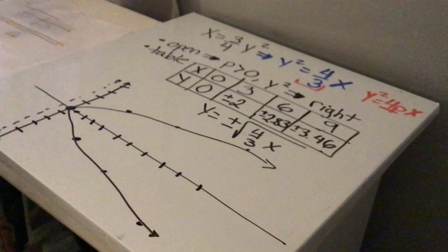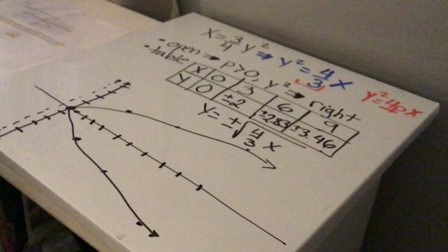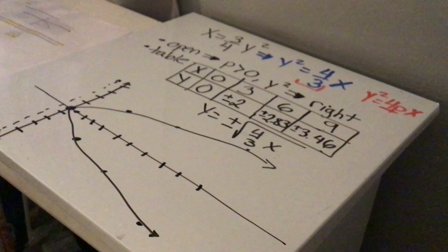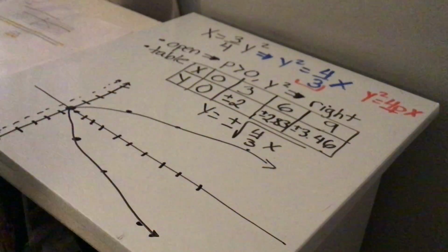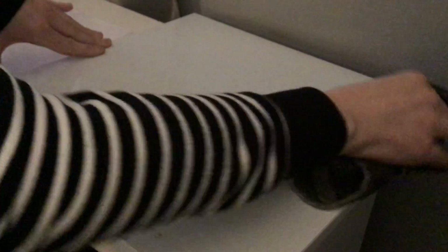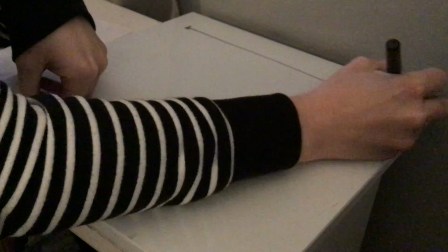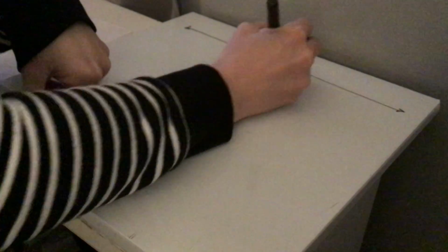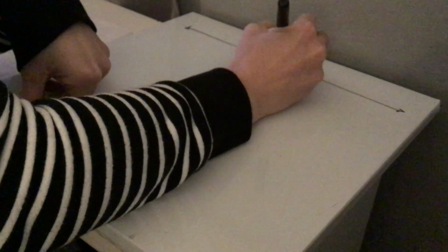And then we can also take a graph and write the equation. All right, so here is the graph of our parabola. The vertex is at (0, 0).